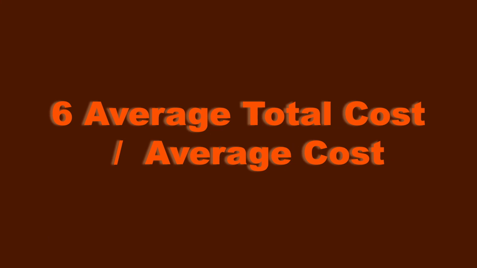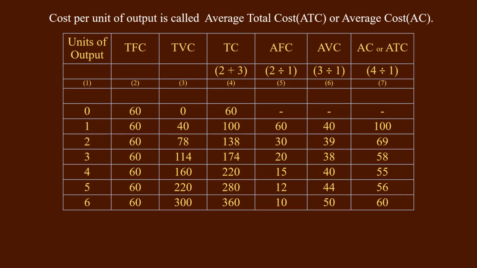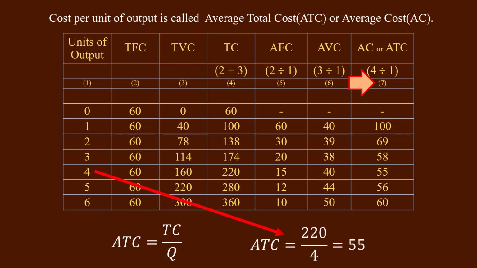Average total cost. Cost per unit of output is called average total cost or average cost. Refer column 7 of the table. It is obtained by dividing the total cost by the number of units of output. For example, at 4 units of output, average total cost is 220 over 4, 55 rupees.